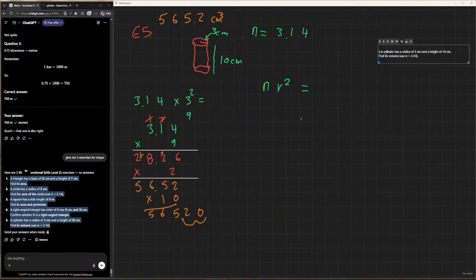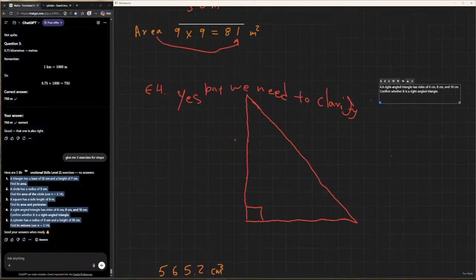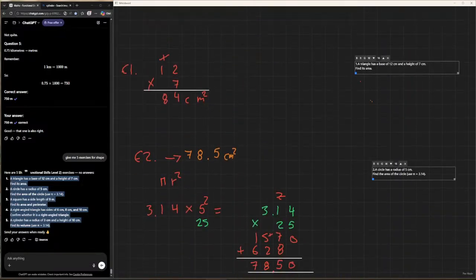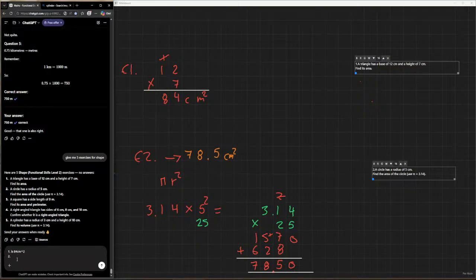All right, so now let's clarify if we are correct or if we are not. 84 centimeters. 2 is 78.5 centimeters squared. 30.